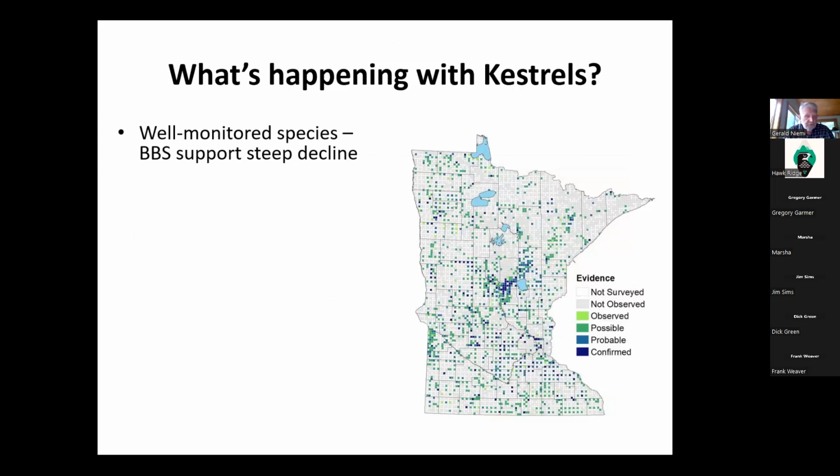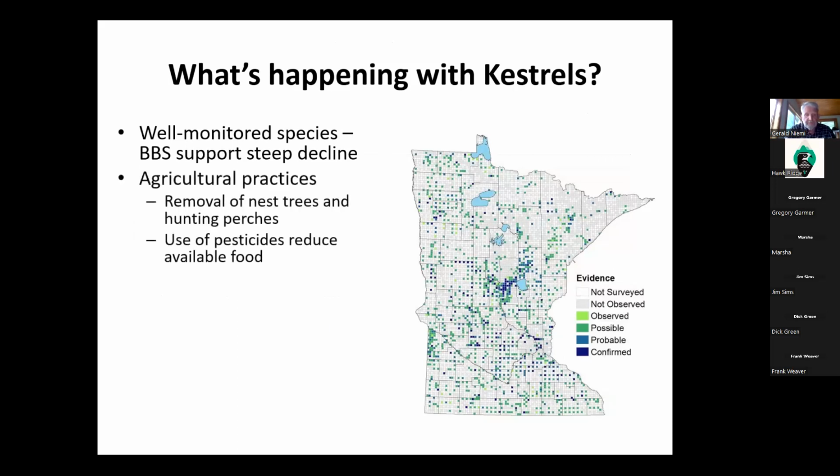The breeding bird survey, the BBS, supports a very steep decline in that species, both in Minnesota, in the United States, and survey-wide, the combination of US and Canada. One of the big culprits is the changes in agricultural practices.